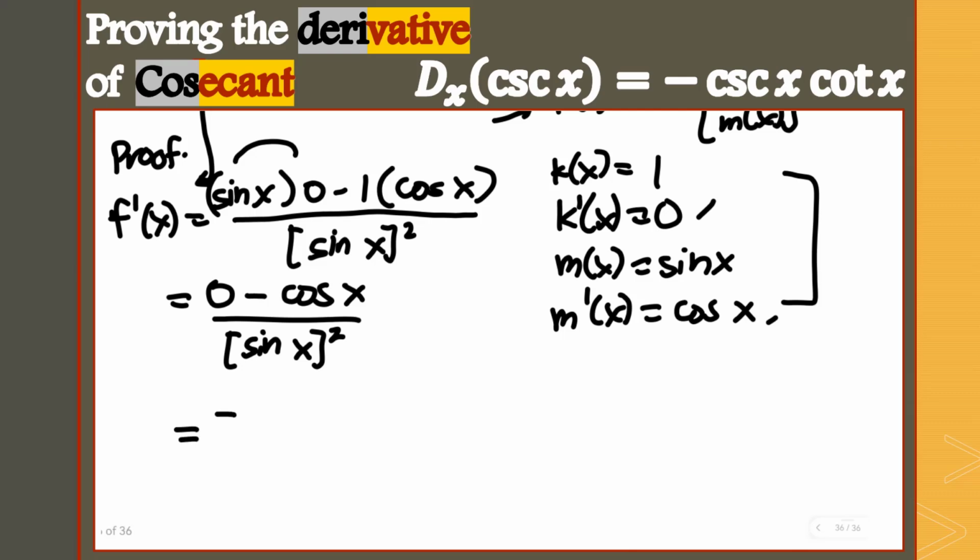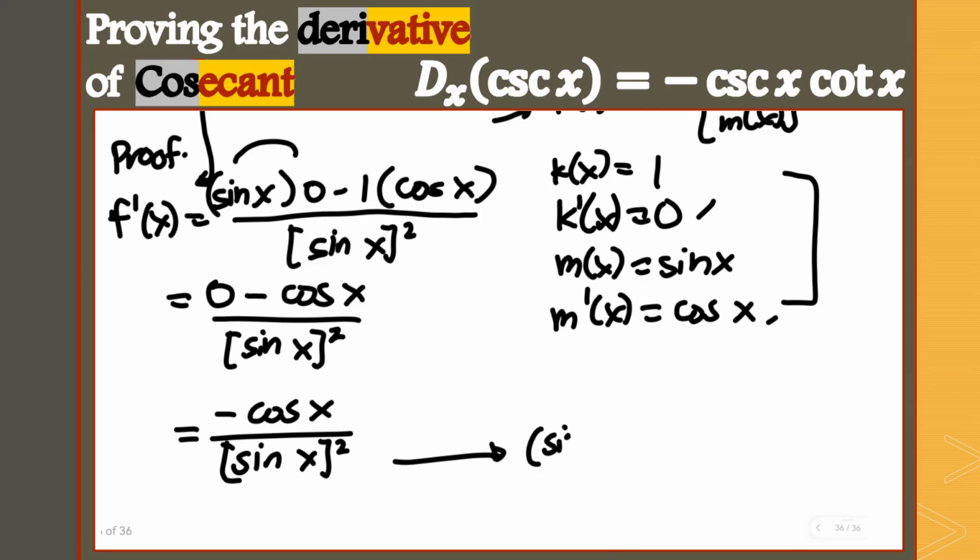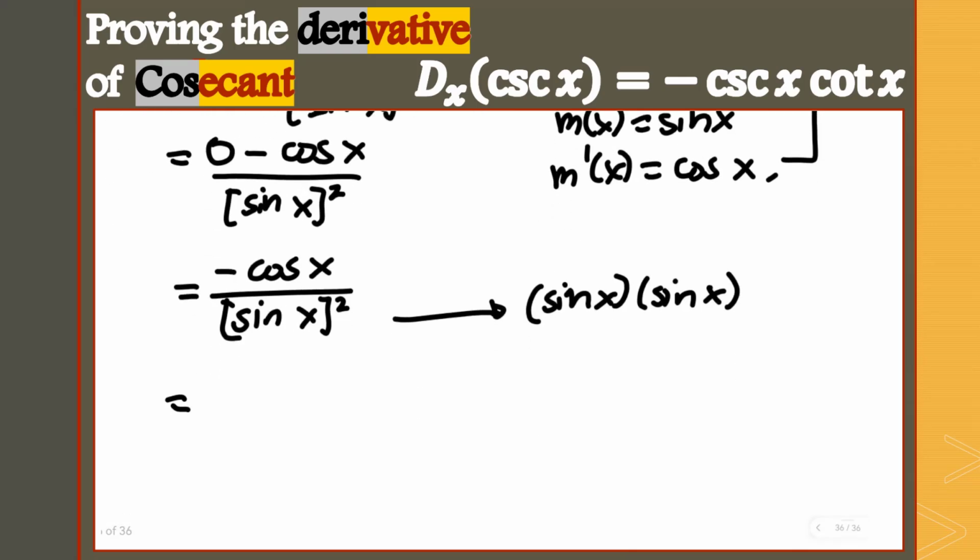So you will have here negative cosine x over, again, this form, the square of sine x. This can be written as 2 sine x multiplied by each other. Hence, we can structure our function here in this manner: negative cosine x over sine x times sine x.